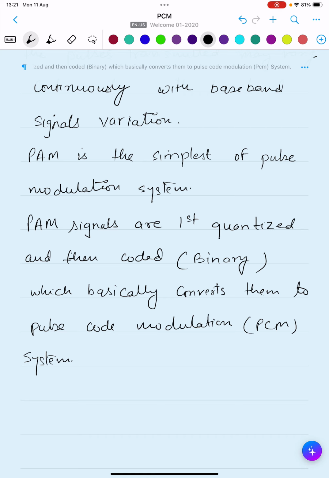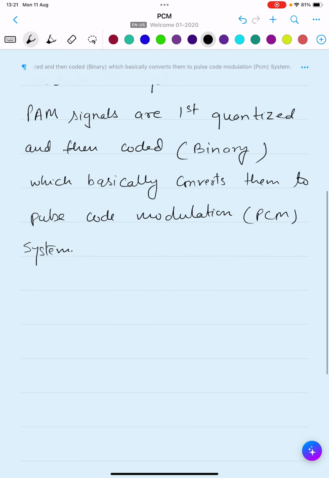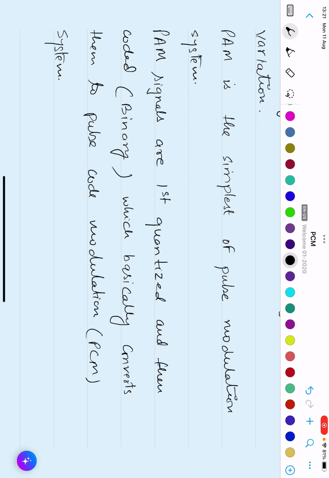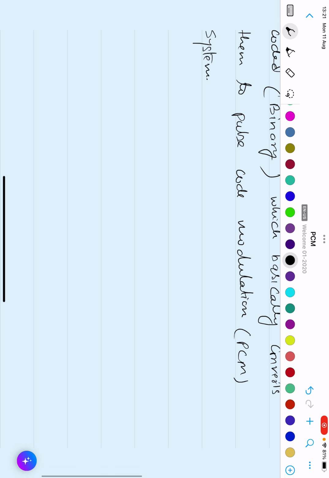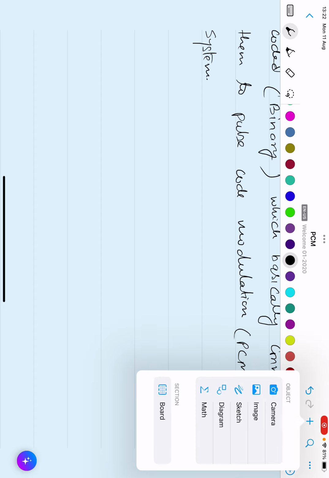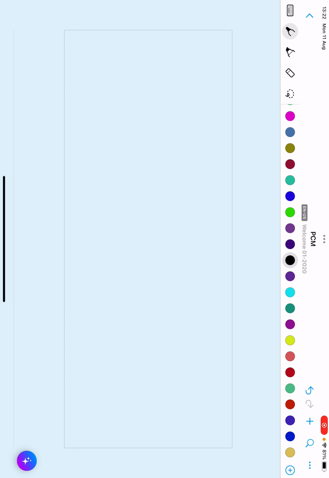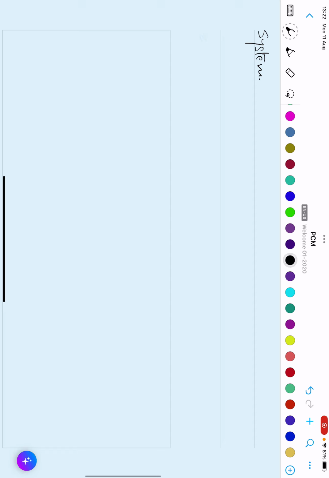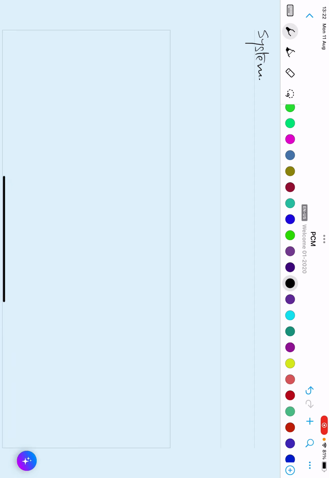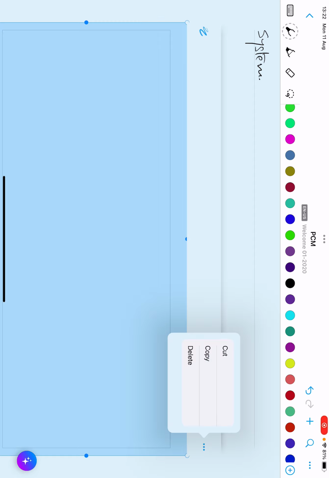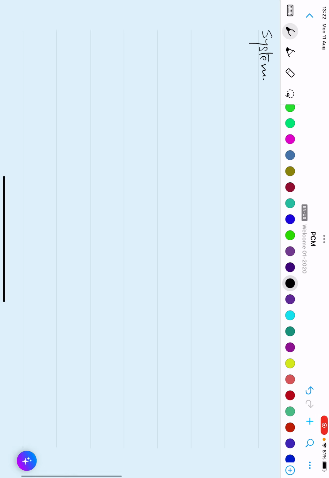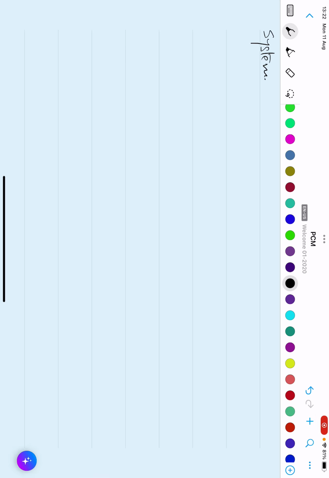So if we have to explain the principle of pulse code modulation, suppose we have a system like this.